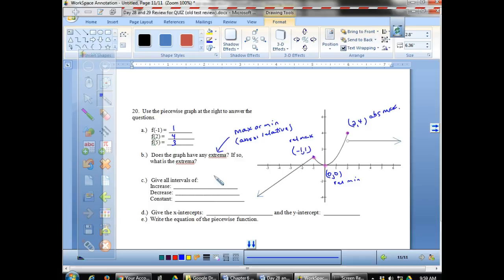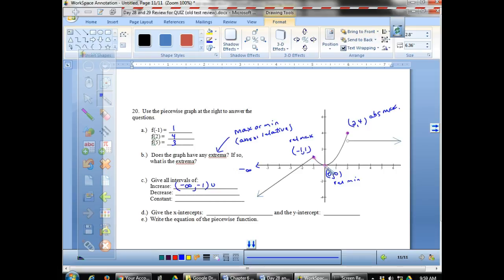And then intervals of increase and decrease. Let's review this because it's been a while. Do you see that from negative infinity, all of these x's, my y's are getting bigger. So all of these x's I'm increasing until I get to that -1. So it's going to be negative infinity to -1. But then if you notice, it goes down, so I don't want to use this.